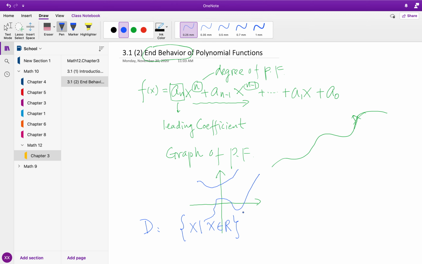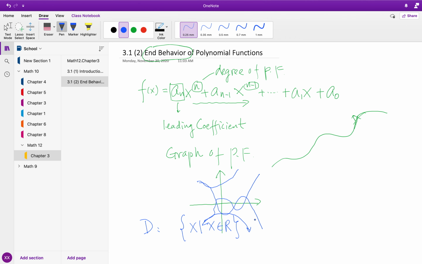You don't have to cross the x-axis, but you can well think that you will cross the x-axis and then end up in the fourth quadrant. So from the third, you could end up in the first, or you could end up over here.